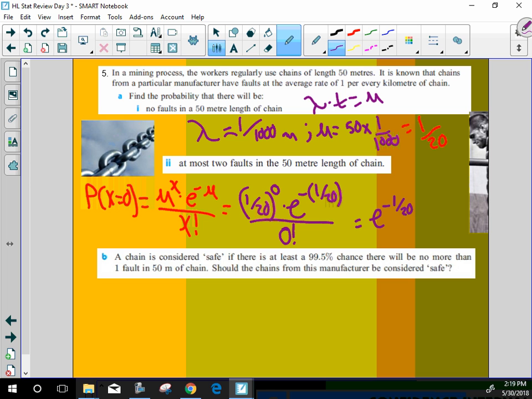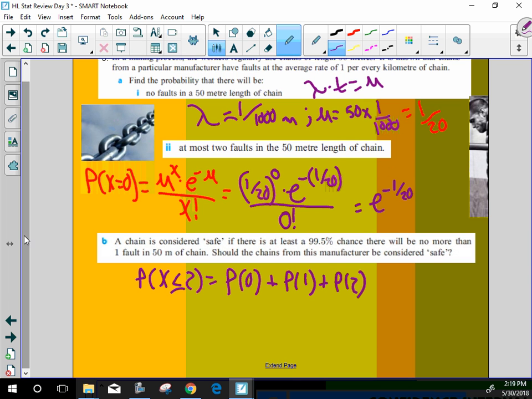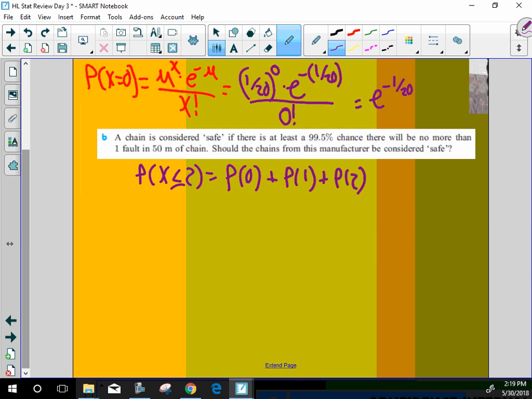And you can certainly use your calculator. At most 2 faults. So if we're saying probability that x is less than or equal to 2, we're talking about probability of 0, probability of 1, and probability of 2. You can do that with your formula, or you can do that with a calculator. Are you okay with that? You don't need to do that. Good. And then the whole purpose of doing this is transitioning you to confidence intervals, which we're getting to next.